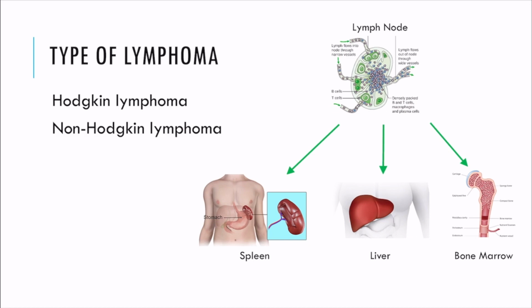So when we talk about lymphomas, they really fall into two really large categories. One's large and one is not that large. We're either talking about Hodgkin or non-Hodgkin lymphoma.